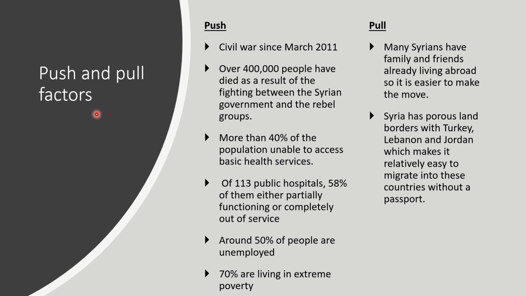But in the Syrian case study, we're talking about people's health, well-being, and safety as the main drivers, pushing them away from Syria and pulling them towards Turkey, Lebanon, and Jordan. Make sure you've got a note of all of these, as it will be important. This is absolutely core notes for this unit.